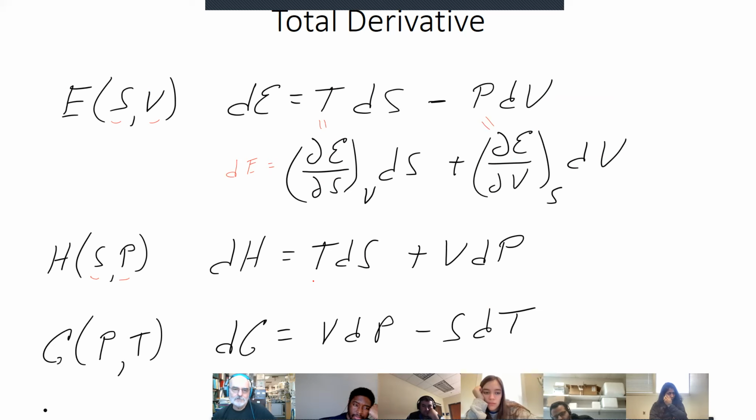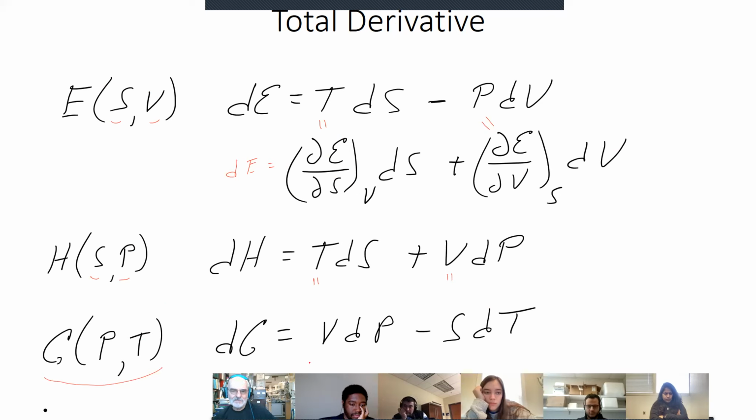But we already showed that these first derivatives correspond to T and V. And this is what we used, I think it was in table 1, to look at the dE and the dH. And then in table 2, we derived free energy in terms of pressure and temperature. This is the one that we really cared about. This is the Gibbs free energy because we can control pressure and temperature.